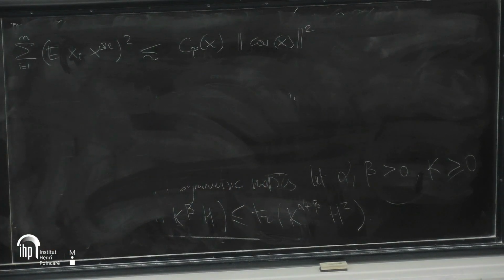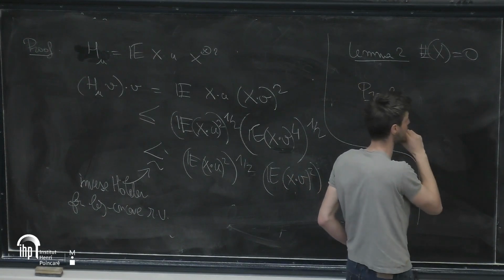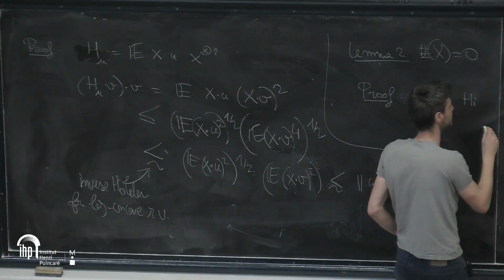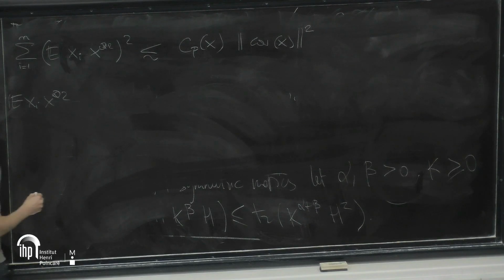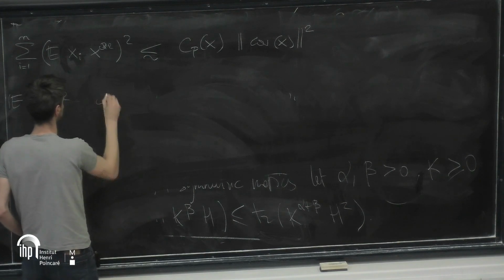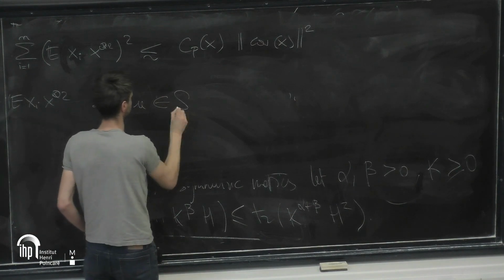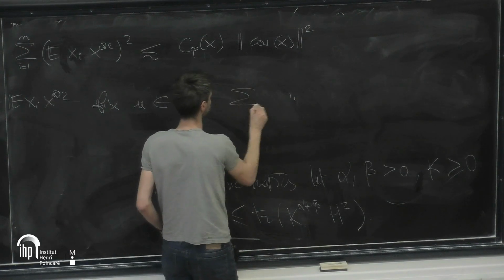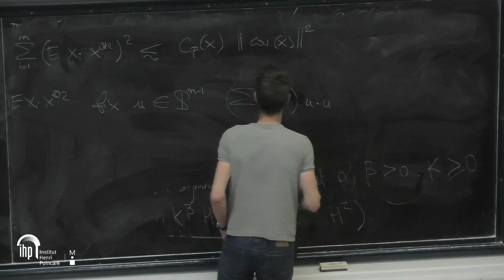Okay, proof. So set h_i equals, then fix u, a deterministic vector of norm 1. Then I will look at sum h_i squared u dot u.